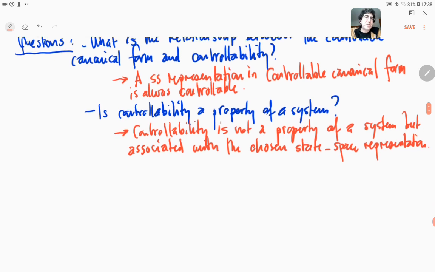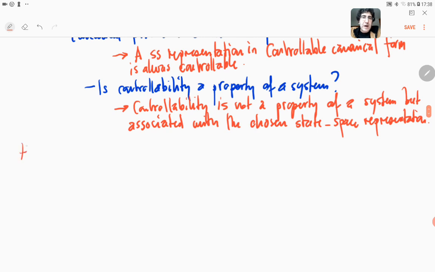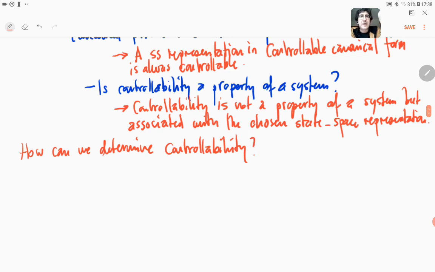So now comes the question of how can we determine controllability? And the following theorem states how we can do that.